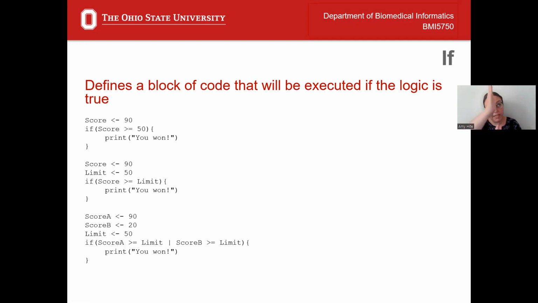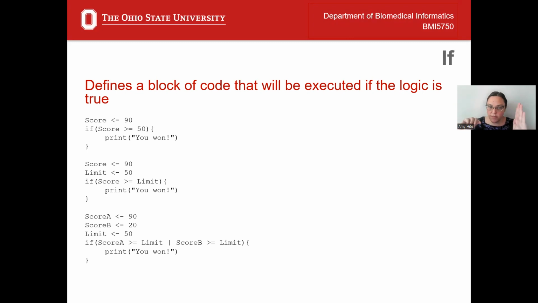Or is that up and down line. So if score A is greater than or equal to our limit, or if score B is greater than or equal to our limit, if either one of those brings back true, then we're going to print you won.